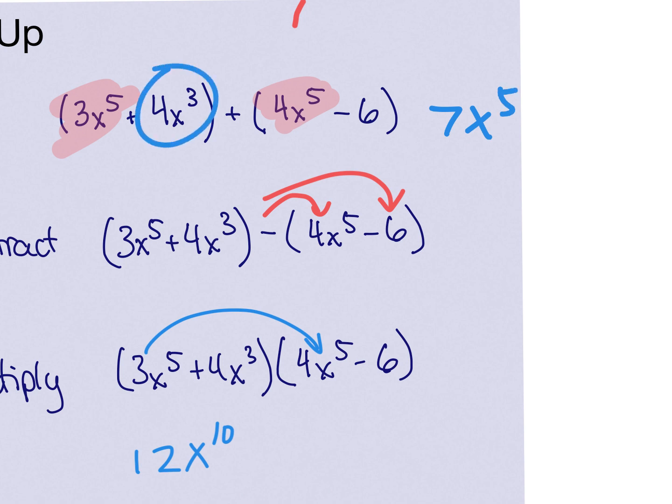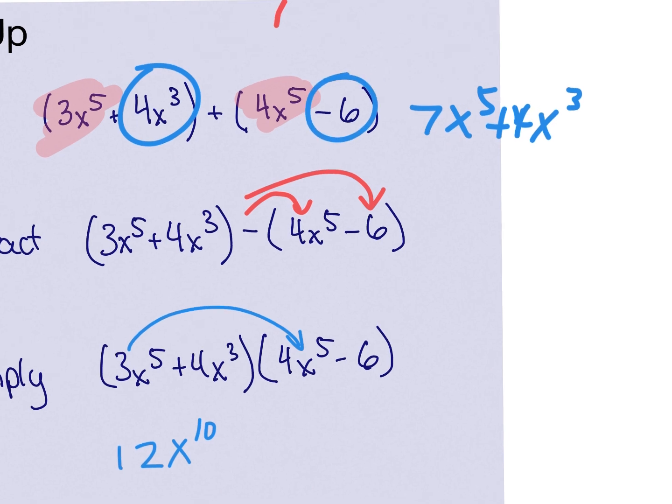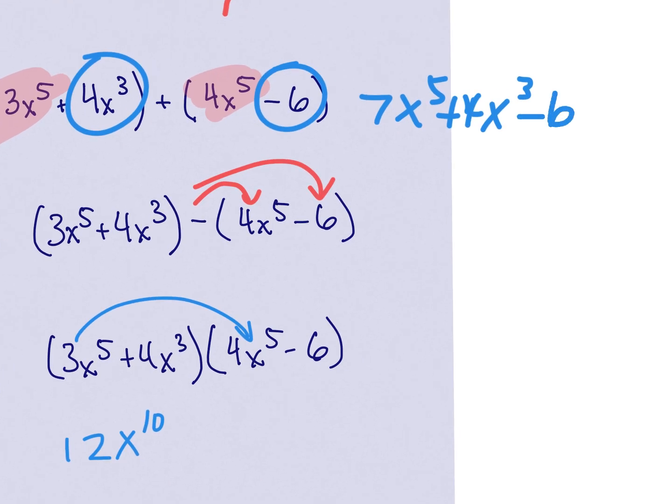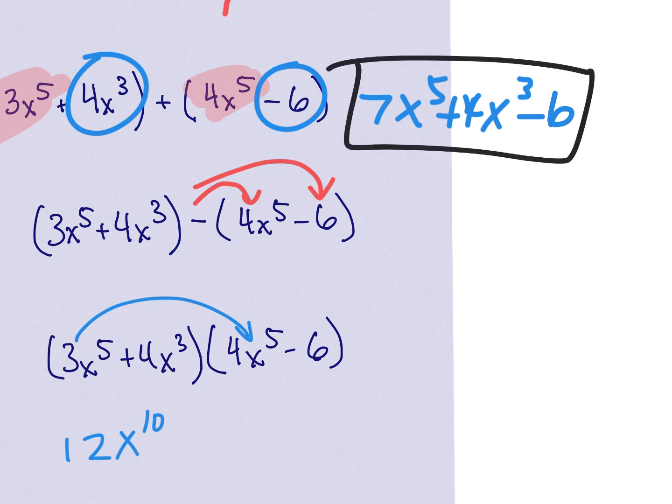This doesn't have anything alike with it, so I just put it there. And last but not least, minus 6. There's nothing alike to it, so I just write it like that. There we go. Raise your hand if you had that one right. That's most of you. Good.